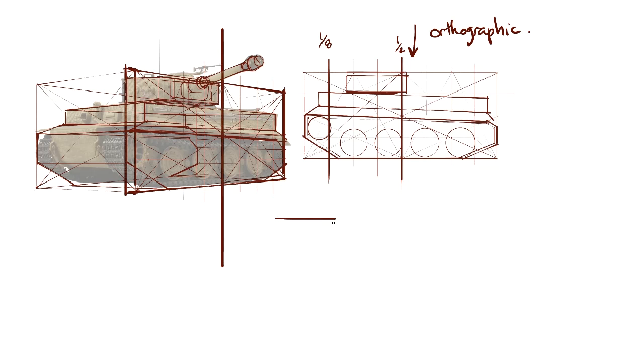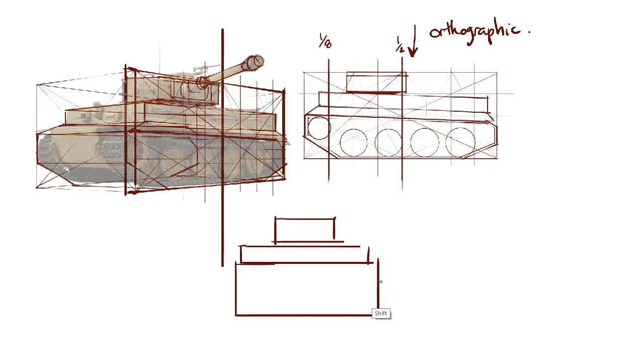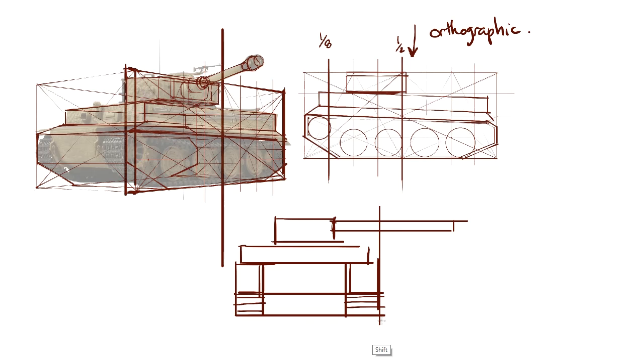If you actually looked at it from the front, it would look somewhat more like this, where these are your treads down here, and you have your little... But the important thing is that we're drawing, this whole face is this plane here.